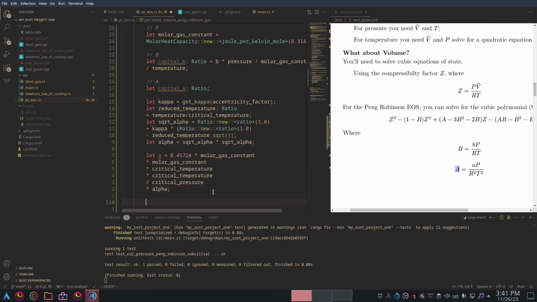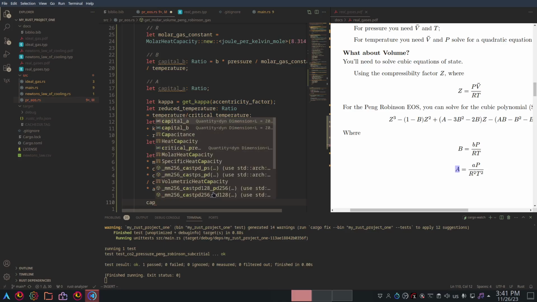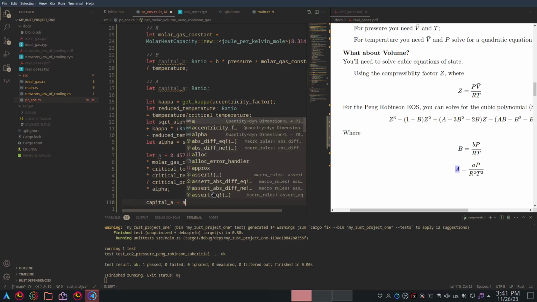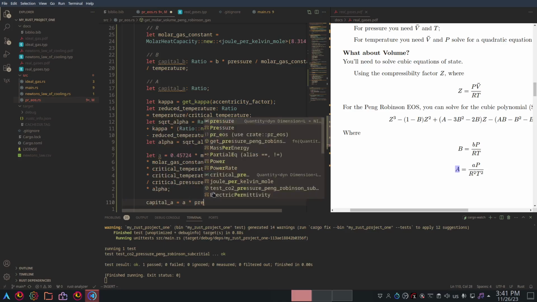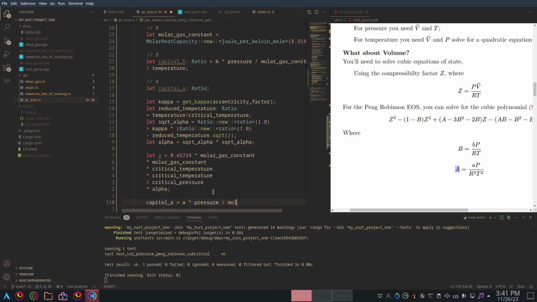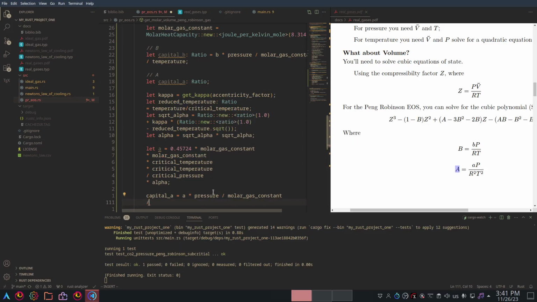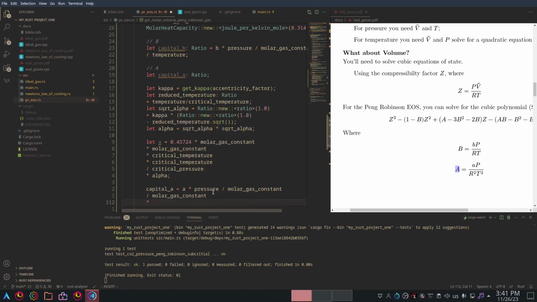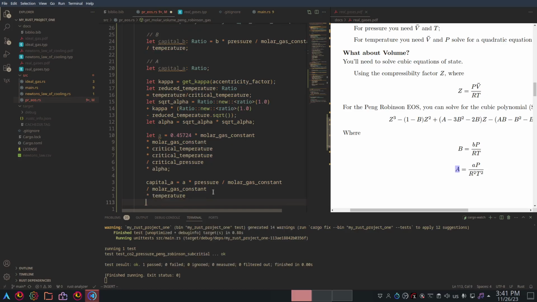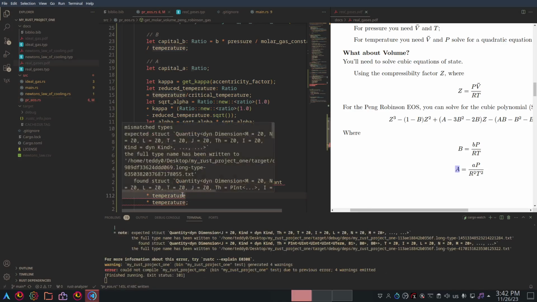Okay, capital A equals to A times pressure divided by molar gas constant, divided by molar gas constant, times temperature times temperature.